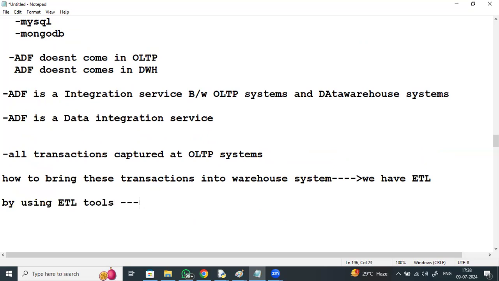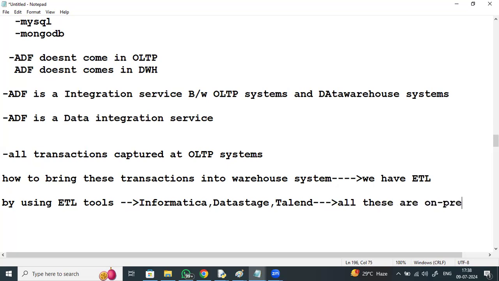Examples of some ETL tools: Informatica, DataStage, Talend.